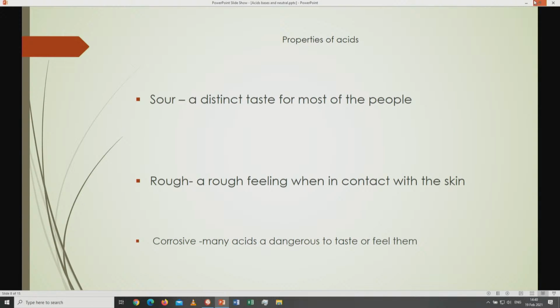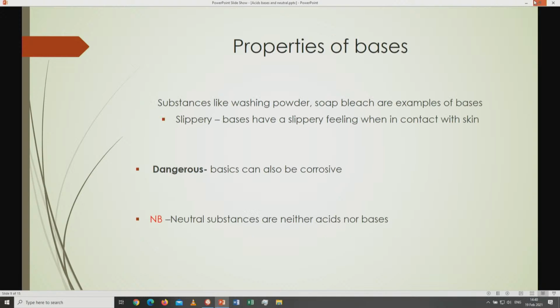I also said that acids have their own properties. Acids are sour, they are rough, they are also corrosive. And I said the bases feel slippery, they are also dangerous.